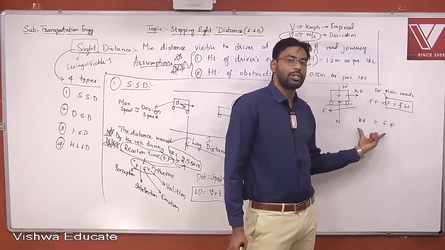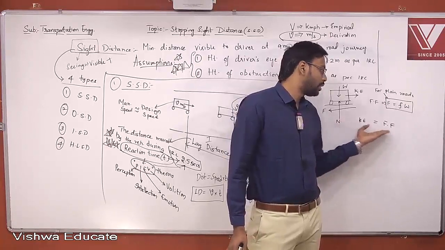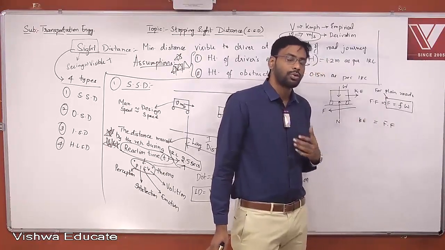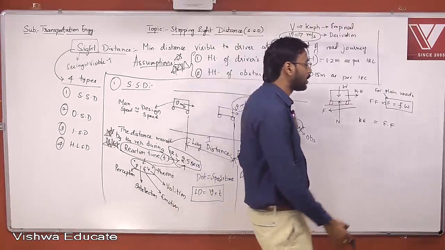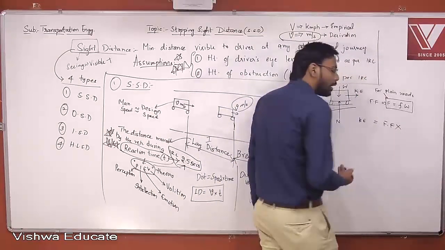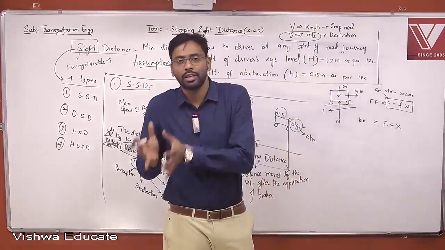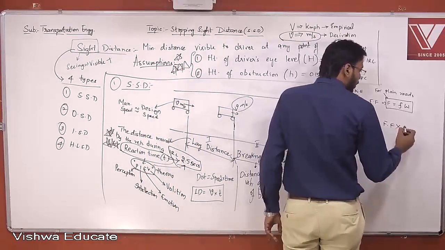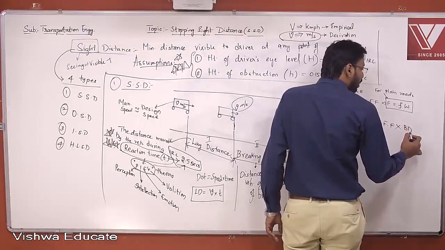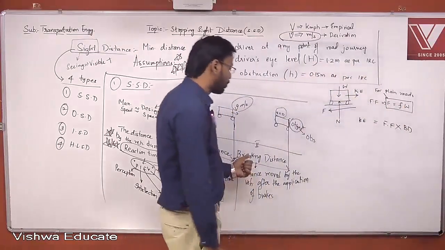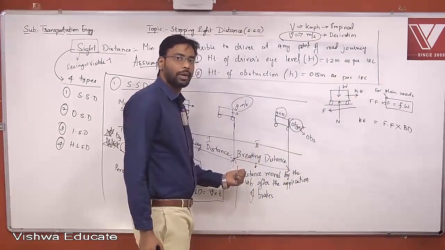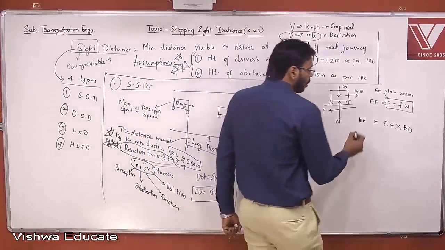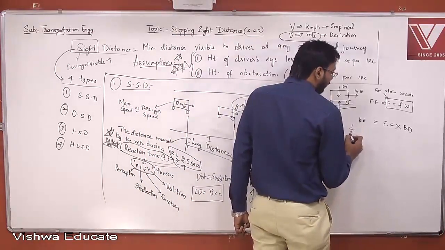But the equation is not matching because here is energy, here you have got only force. So to make it balance, I take this also as energy. And what is energy? Energy is equal to force into displacement. Displacement here is nothing but braking distance, right? So kinetic energy is half mv square.